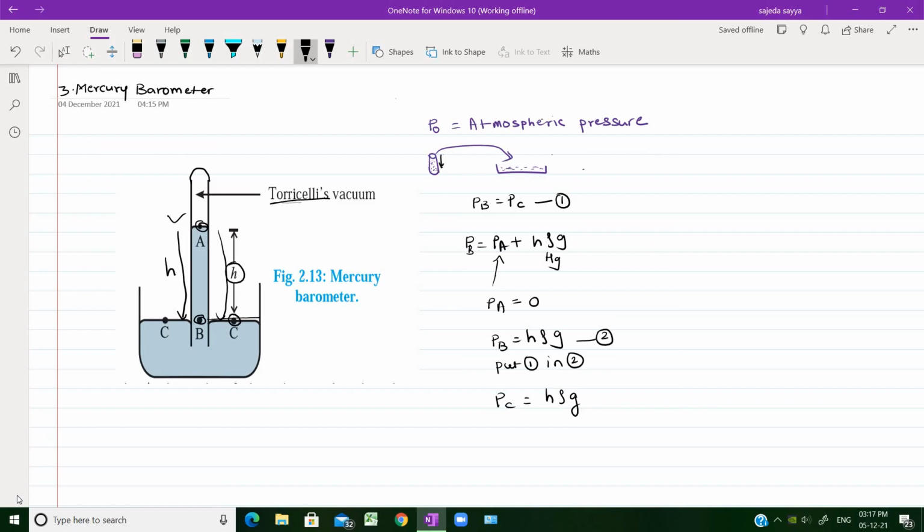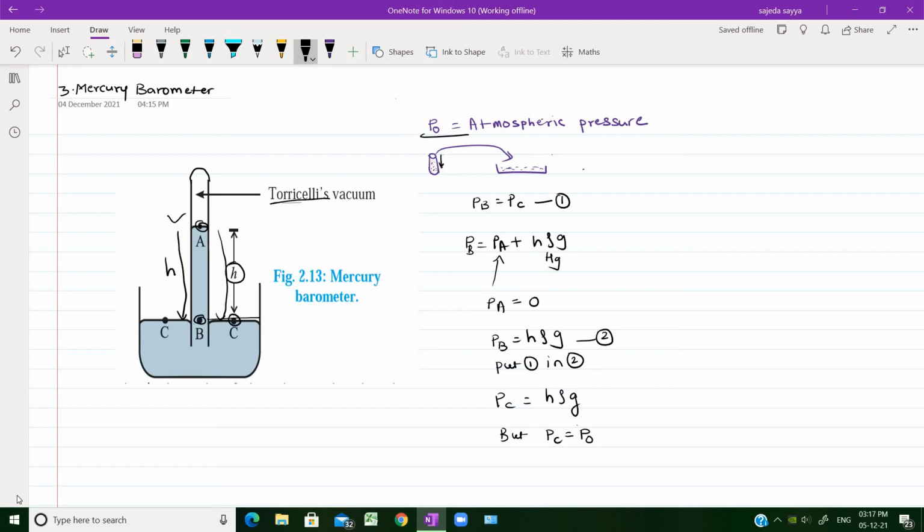But as point C is in contact with the atmosphere, this pressure Pc is nothing but the atmospheric pressure. So Pc is equal to P naught, the notation used for atmospheric pressure, as already stated.